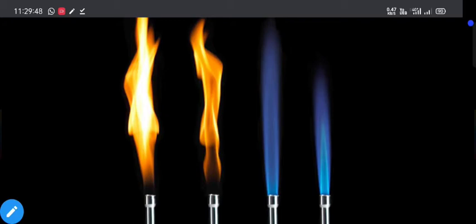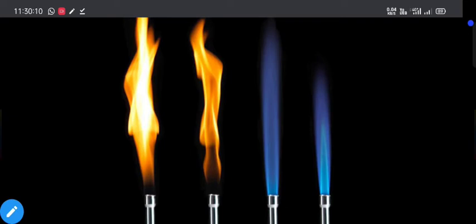Then as we increase the flow of oxygen, it slowly turns blue and produces more heat and less light. So the last flame is the oxidizing flame, which has a blue color and a very high amount of heat and less light. The first flame produces more light, less heat.